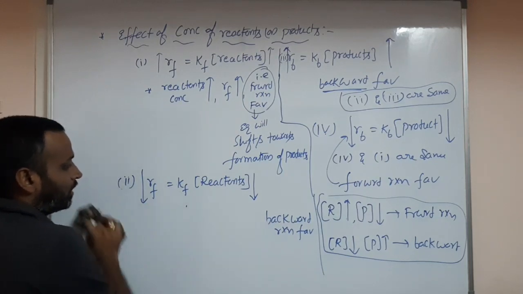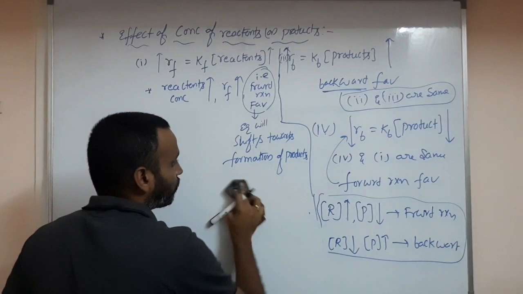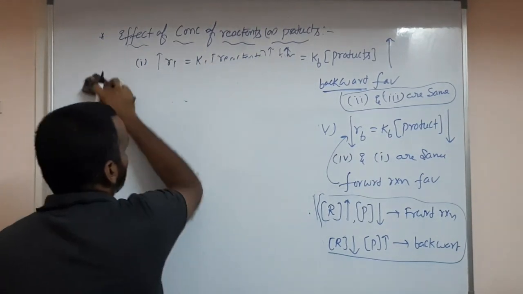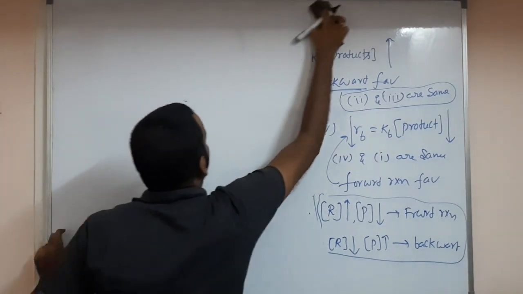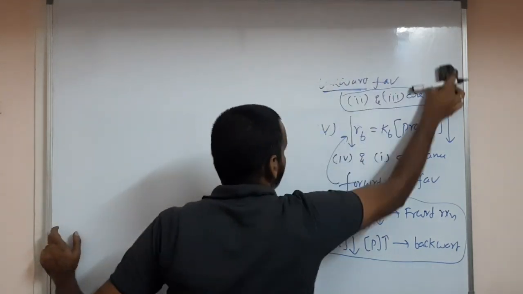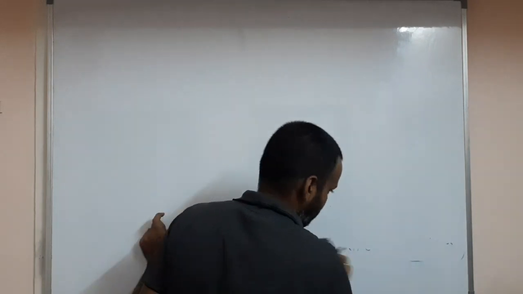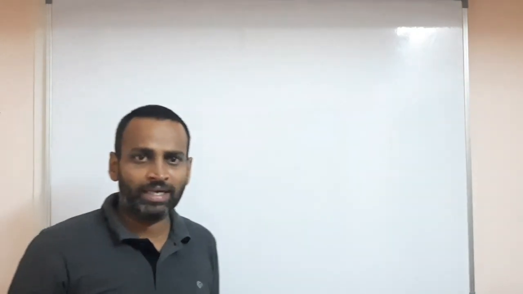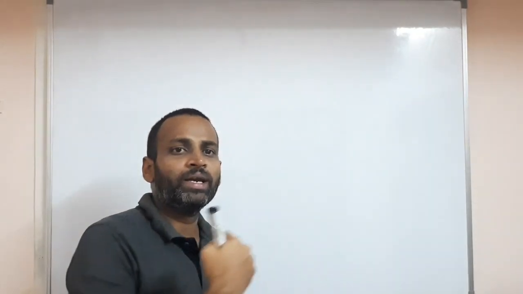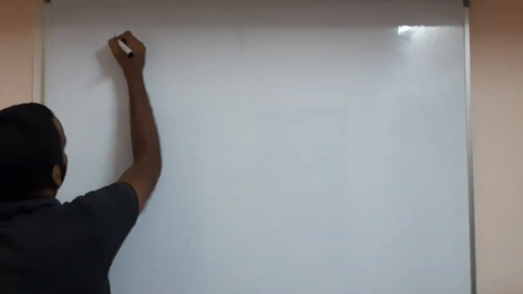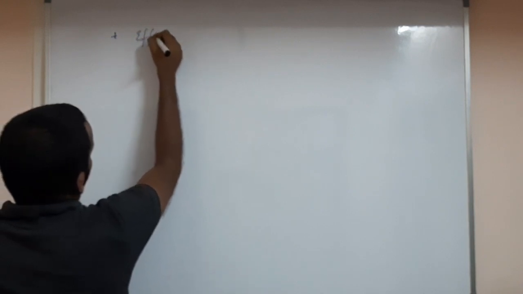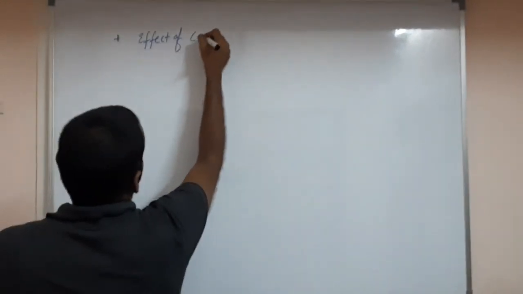Next we will go for the last and final topic. Almost we discussed many things. Effect of addition of catalyst. If a catalyst is there, no change in position of equilibrium. But if you use a positive catalyst, then attainment of equilibrium is faster.